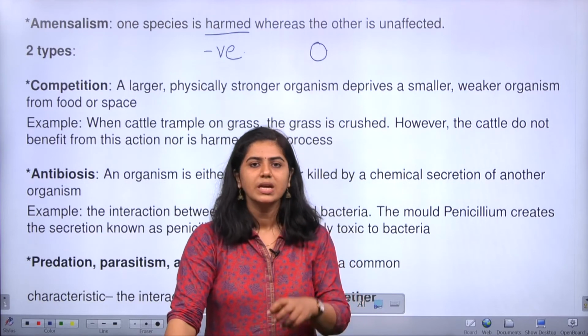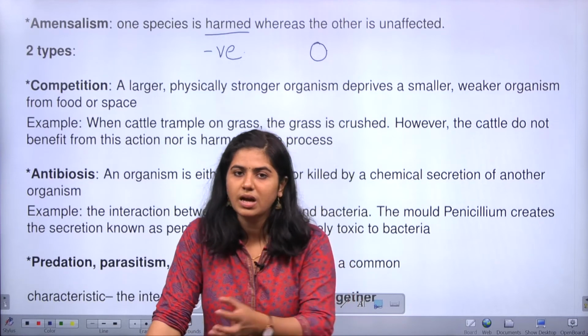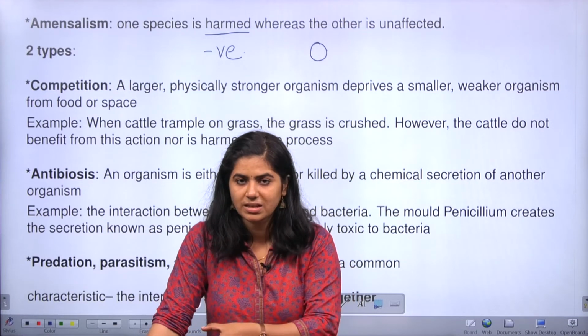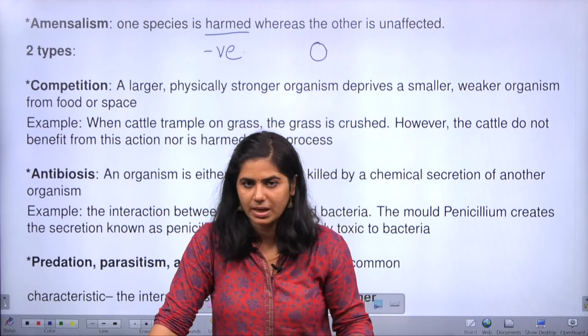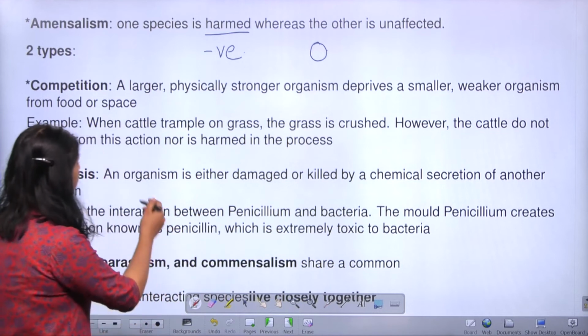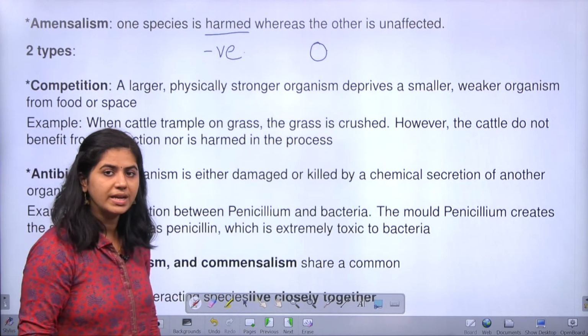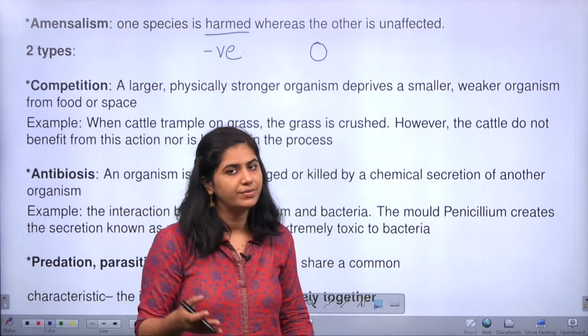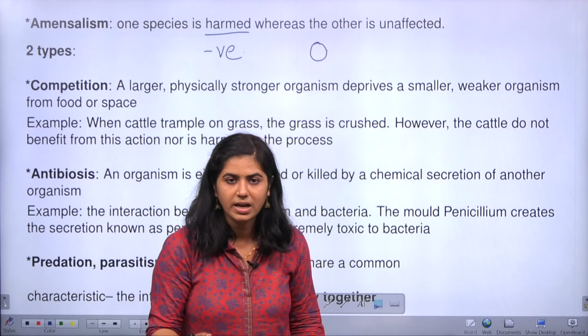Antibiosis is a chemical secretion of an organism which harms another organism but doesn't benefit the organism which secretes it. An example is penicillium. When penicillium secretes penicillin, it affects the bacteria, right? The penicillium is neither benefited nor harmed, but the bacteria get harmed. Okay, I think it's clear.